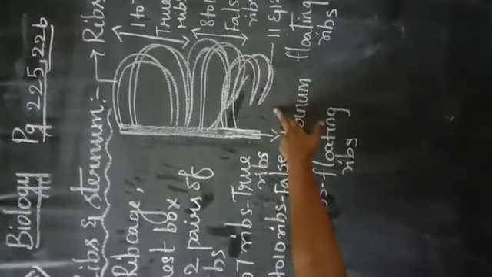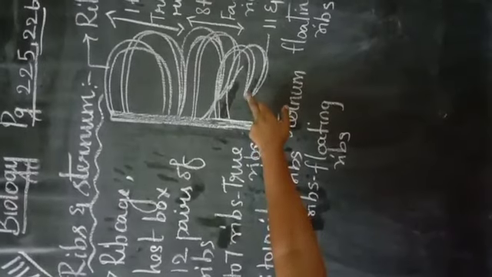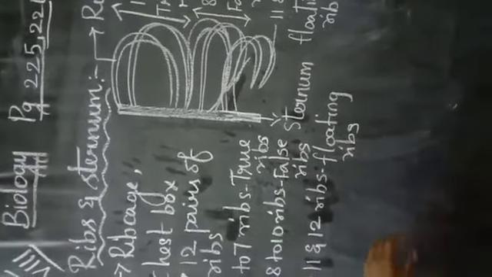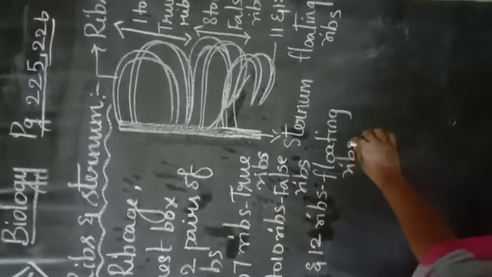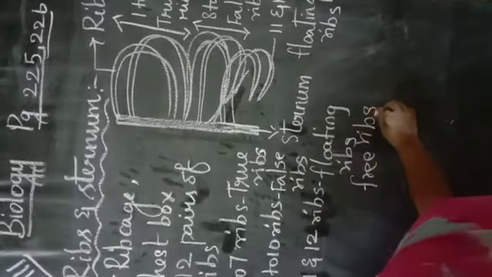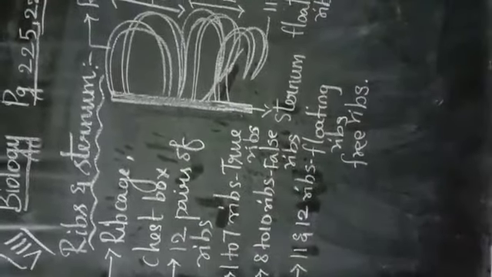So it is incomplete, it looks like floating. So it is called floating ribs. And these floating ribs are also called free ribs. Can you understand?